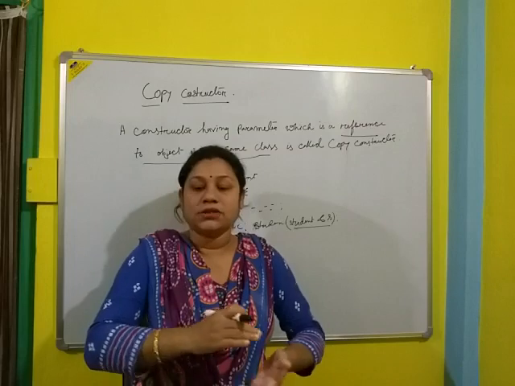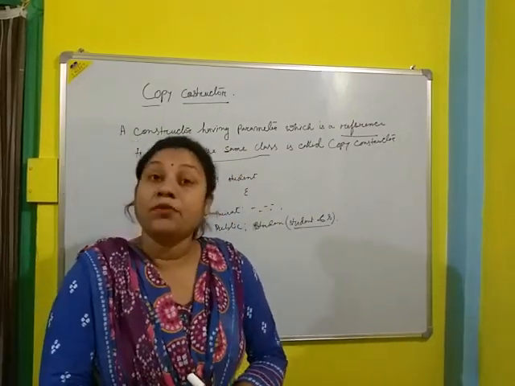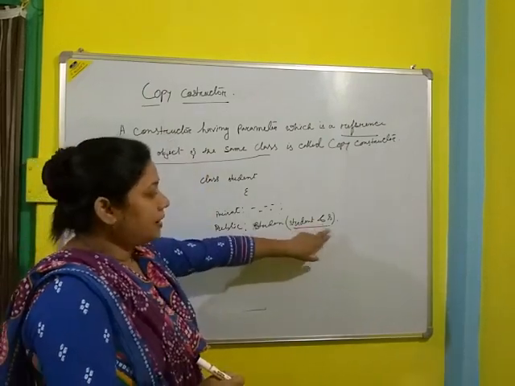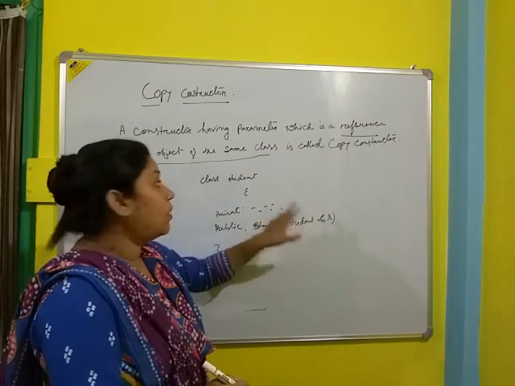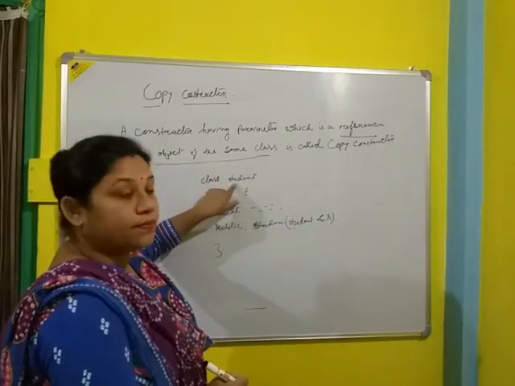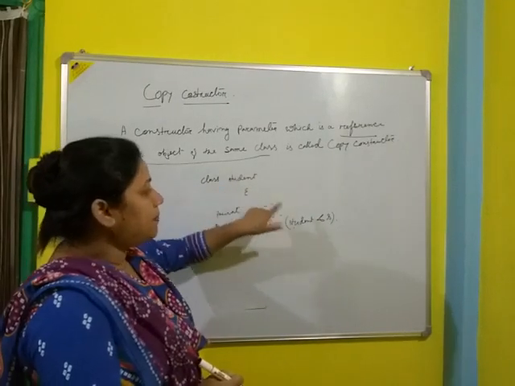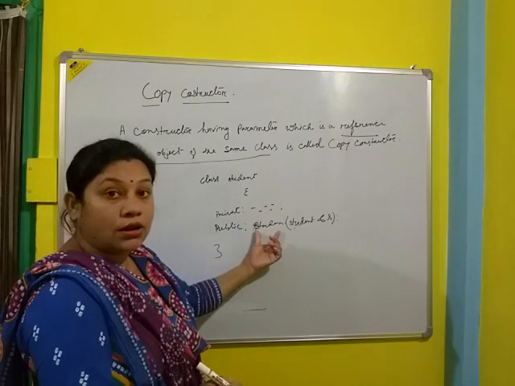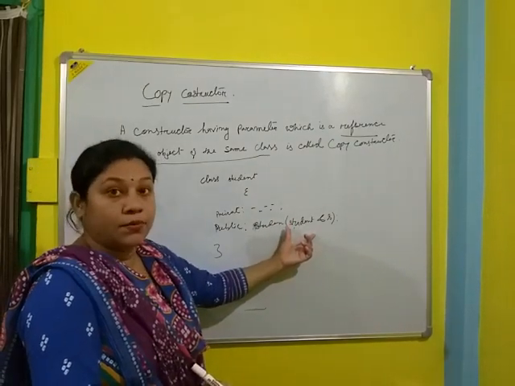A copy constructor is also known as a one argument constructor. Why? Because look here, I am using only one argument, that is the object of the same class. S is the object of the class student, and I am passing this object to the constructor body for declaring the arguments.